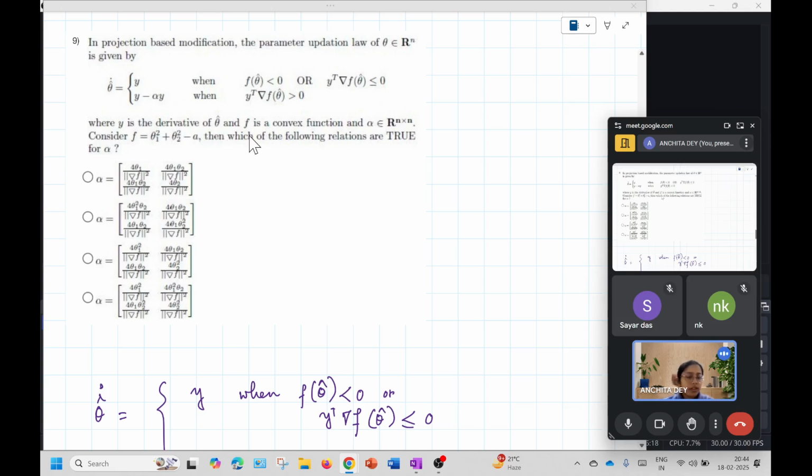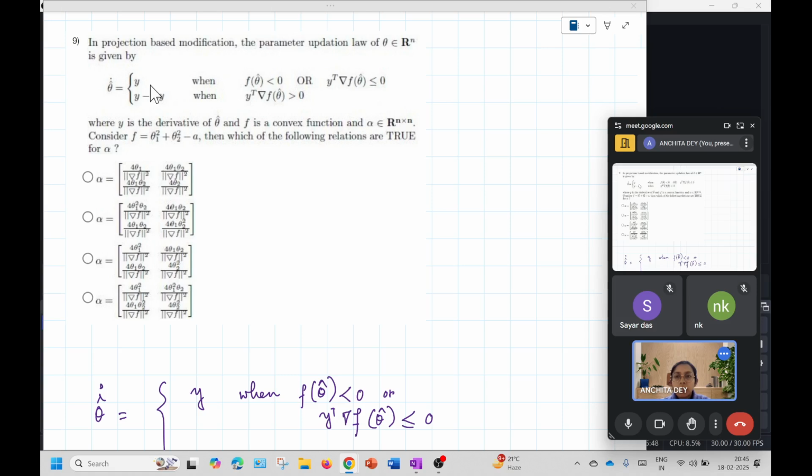F is a convex function, which is very good for us. If it's a convex function, then f of theta less than equal to something would lead us to a convex set, right? And alpha is some matrix in R n cross n. Now, consider this very function, which is theta 1 square plus theta 2 square minus a. Then which of the following relations are true for alpha? Notice one thing, we are given two cases here. One with y and the other is y minus alpha y, right?